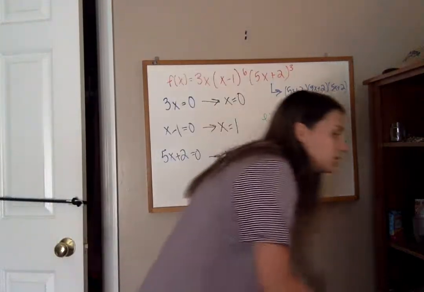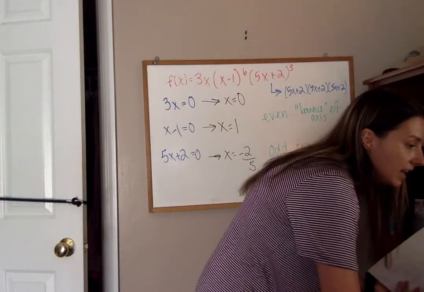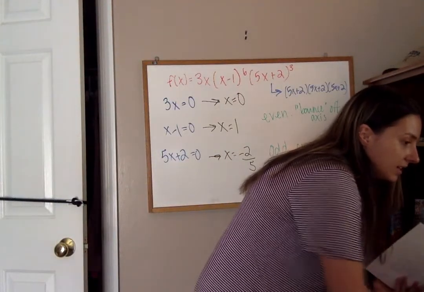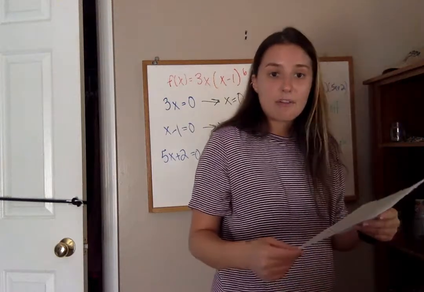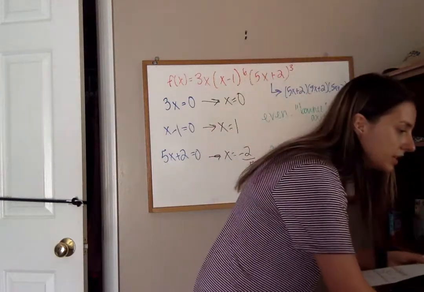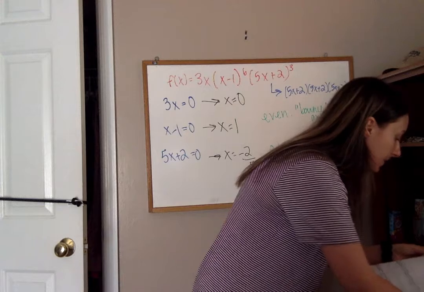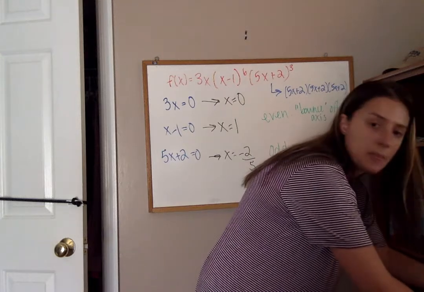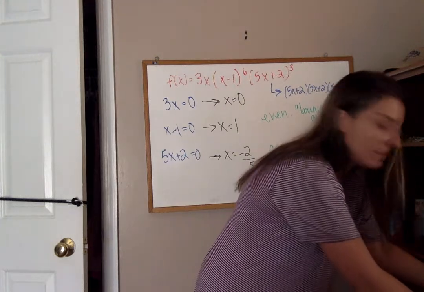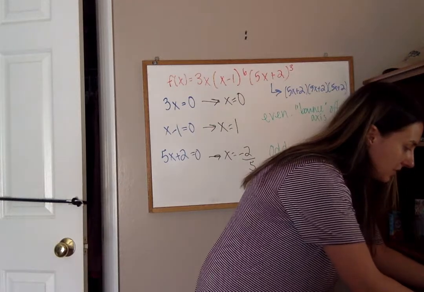So really quickly, let me just pull up Desmos to show you guys how this happens. So I'm just going to graph this first equation here really quickly. 3x. I get really scared that I'm not actually recording, so I keep making sure.